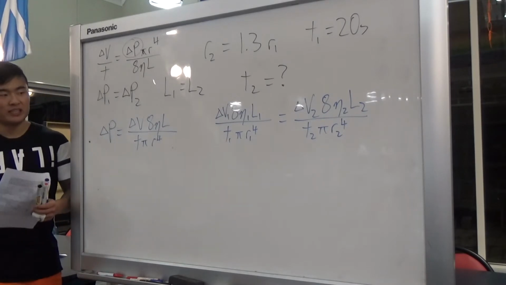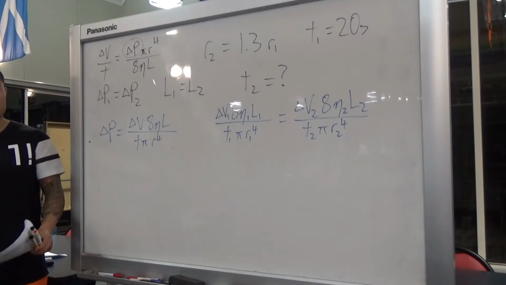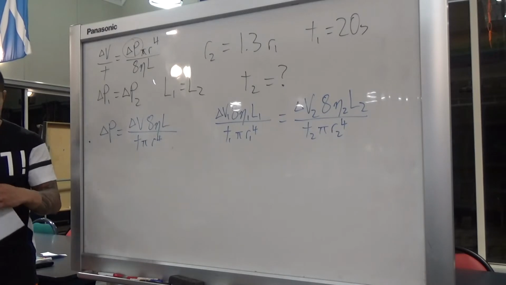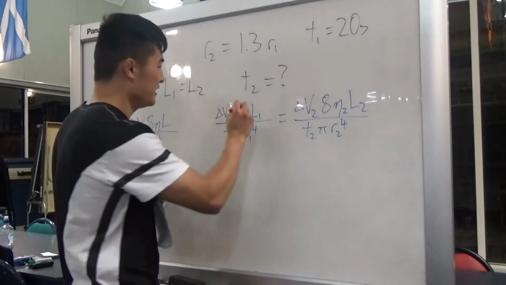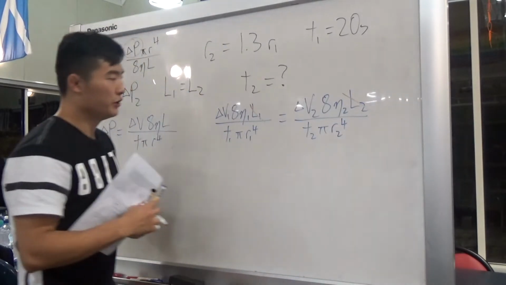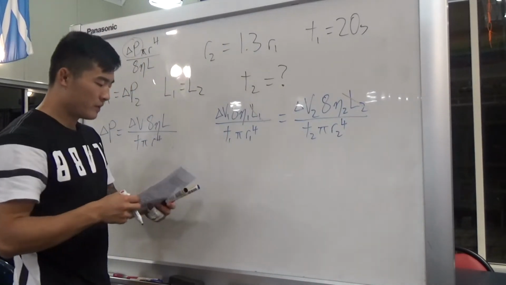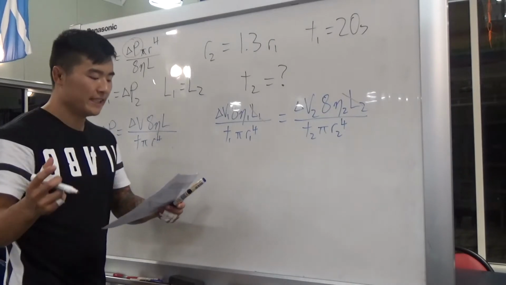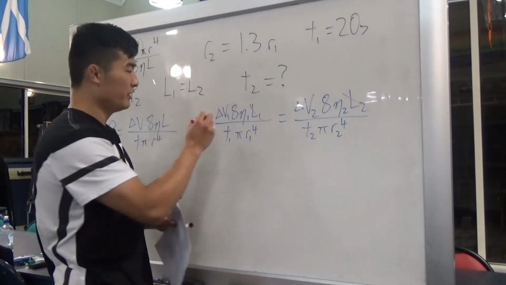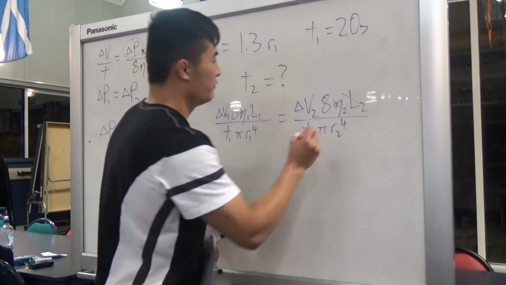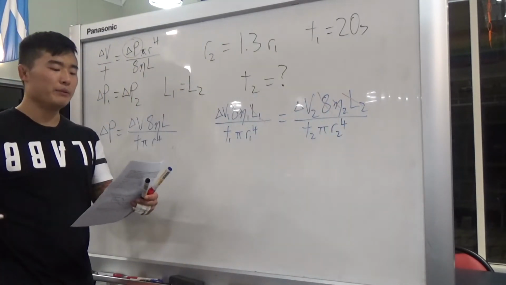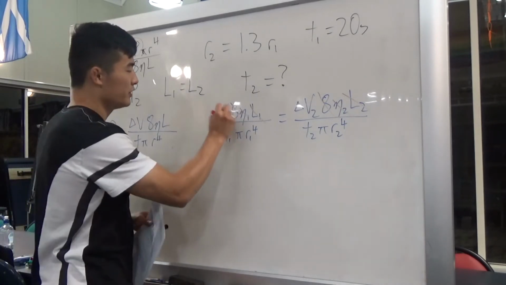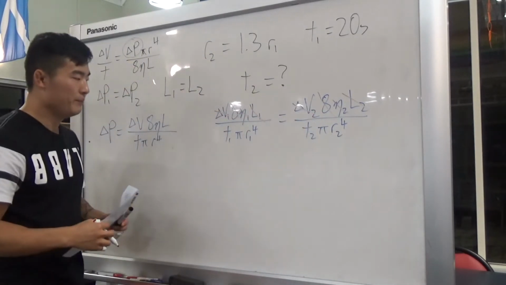Okay, so again, we're going to now look for the ones that we can cancel out to make it simpler. So we know that length 1 and length 2 are equal, so we can cross out length 1 and length 2. The viscous liquid doesn't change, it's the same liquid, so the viscosity won't change. We can cross that out. 8 is going to be the same. We're going to inject the same desired volume, so V1 and V2 will be the same.